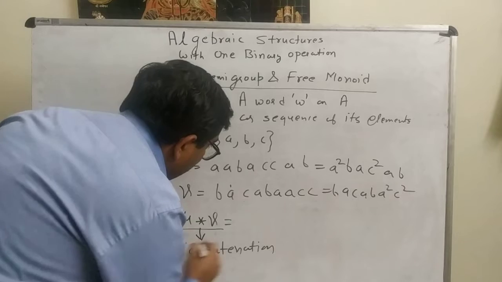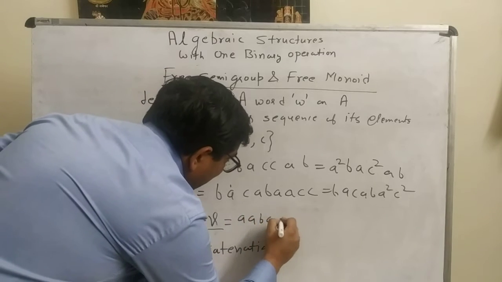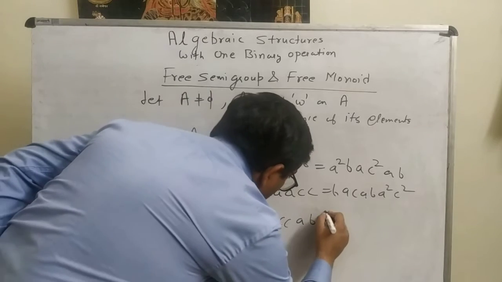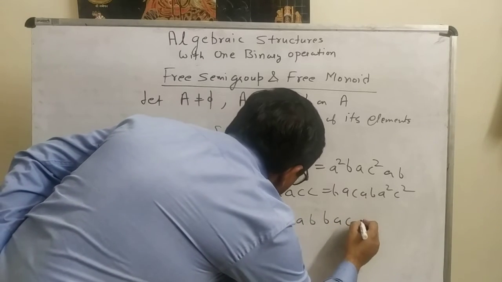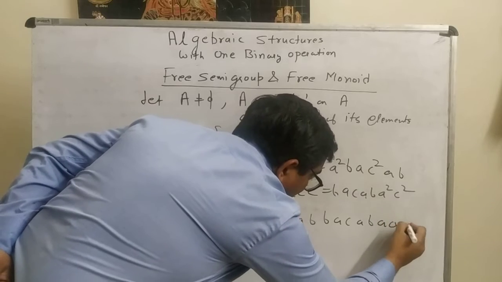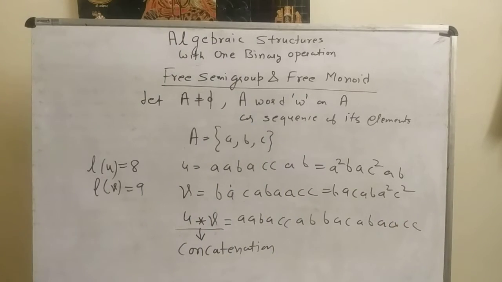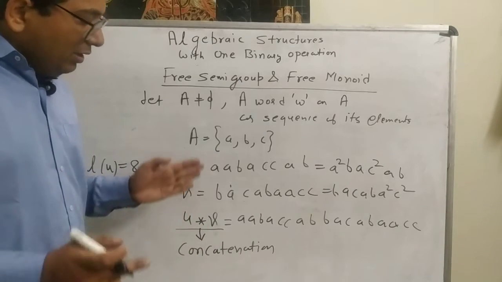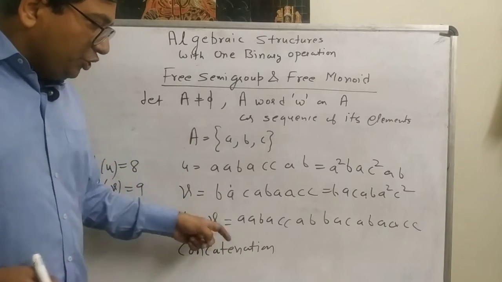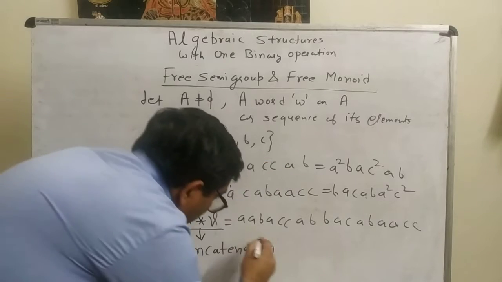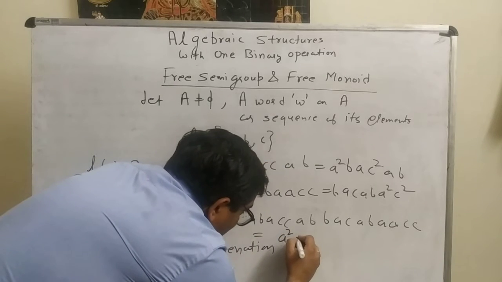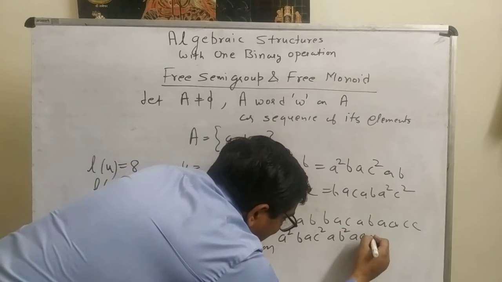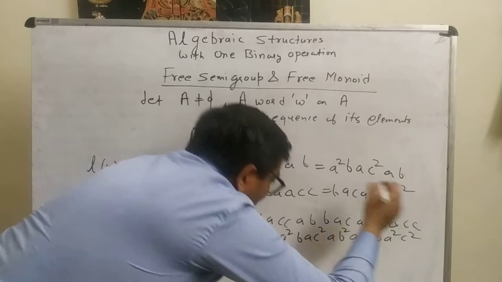So U star V will be A, B, A, C, C, A, B, then B, A, C, A, B, A, A, C, C. The concatenation operator combines the two words in the same sequence, first U and then V. So this can be written as A square B A C square A, then B A C A B A square C square.